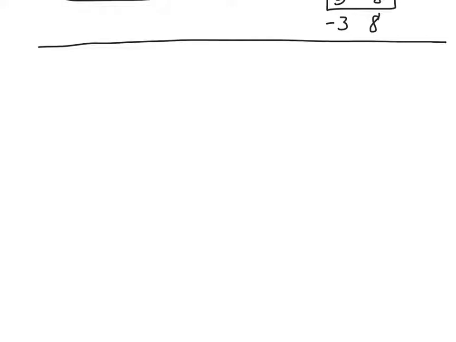All right. Let's look at the next one. The next one I have picked out for us to look at is 50z squared minus 100. Well, it's not the difference of squares because 50 is not a perfect square.